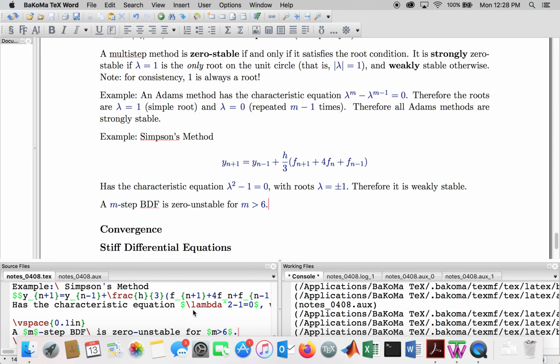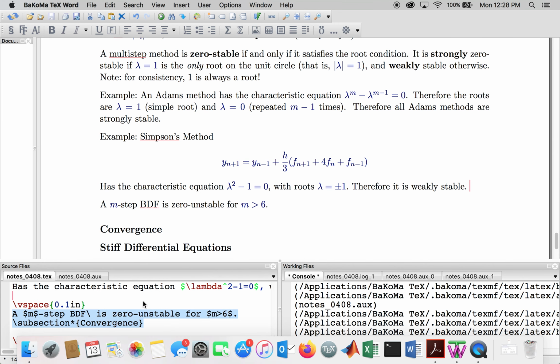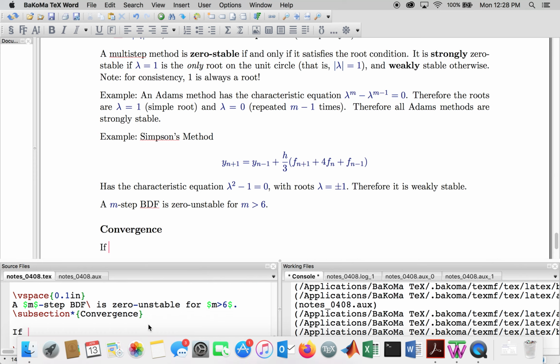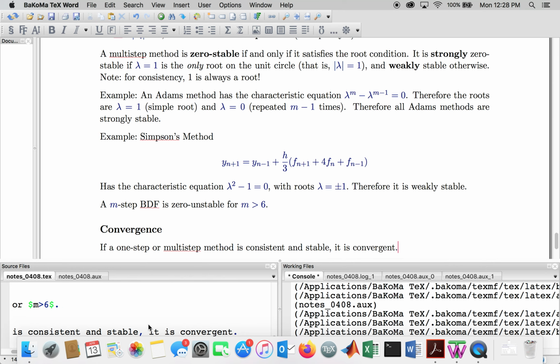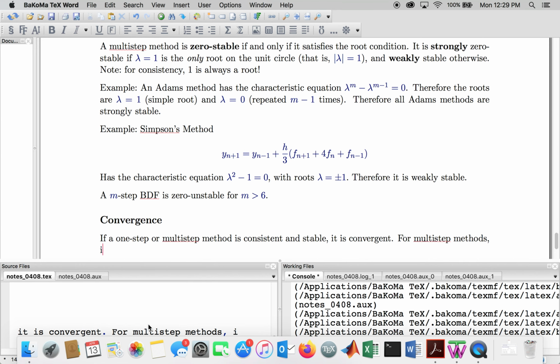The basic idea is that if a one-step or multi-step method is consistent and stable, it is convergent. For multi-step methods, I can make a slightly stronger statement.